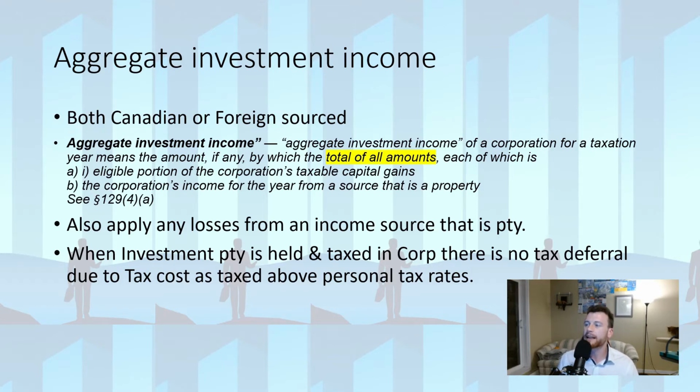And any income that is sourced from property during the year, such as interest and rents, royalties, but not dividends. Dividends are taxed separately. Note that any losses from that income source are applied against the other income from the same source to result in a net. This also includes management fees and such.